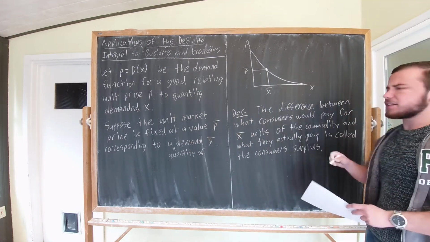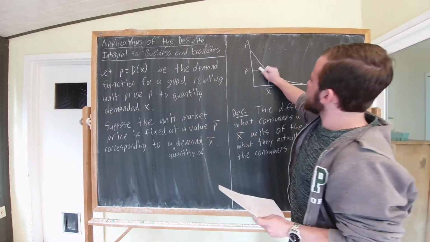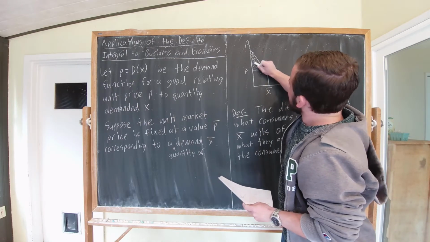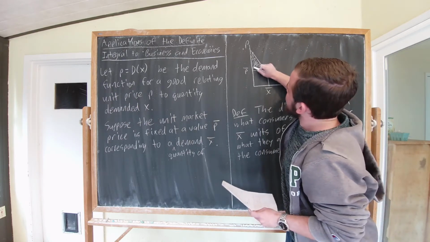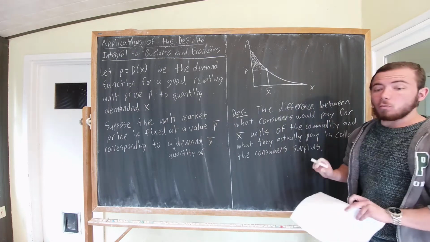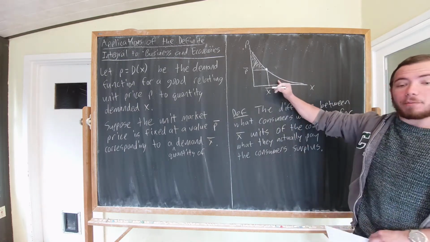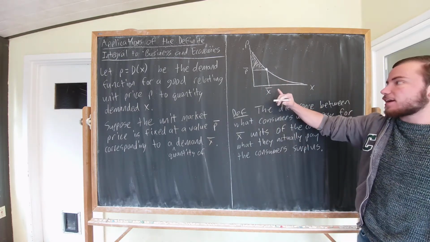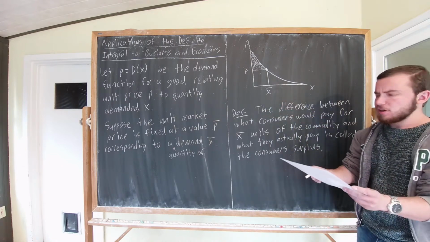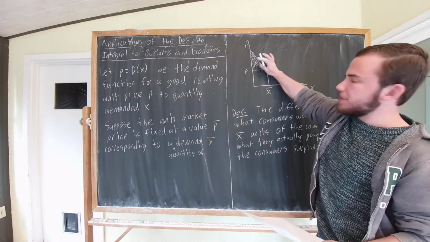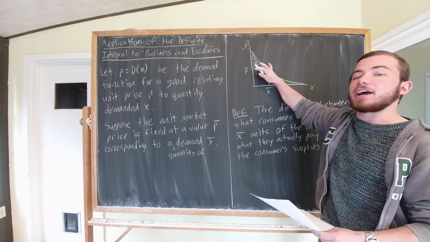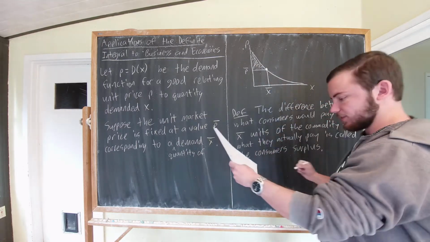Basically, consumers that would have lived in this region of the graph would have been willing to pay even more money than they actually had to end up paying to get this much of the good. So we call this area the consumer surplus.